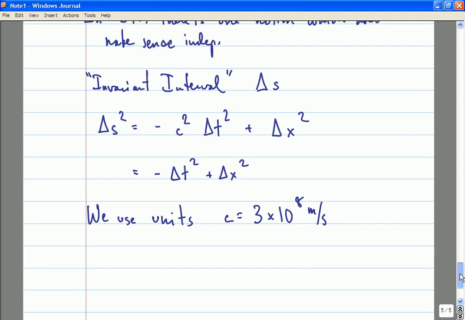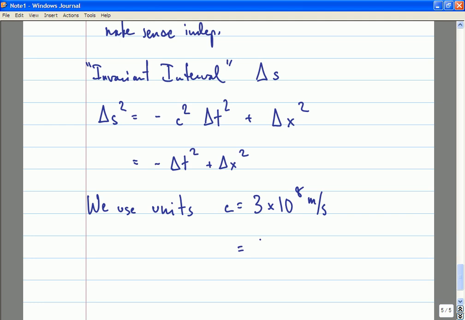So, for example, that means I will use as my measure of distance the light second, so that the speed of light is 1 light second per second. I don't know how long a light second is. A few 100,000 miles. Probably slightly more kilometers.